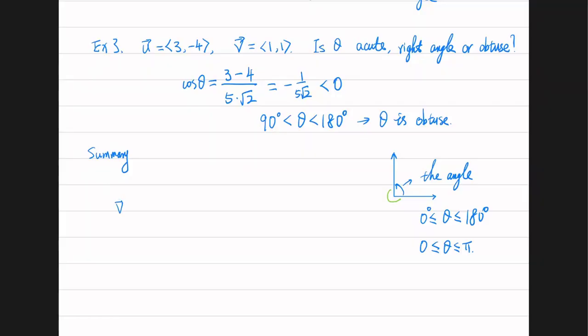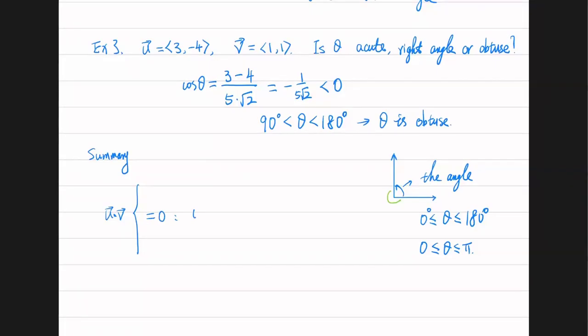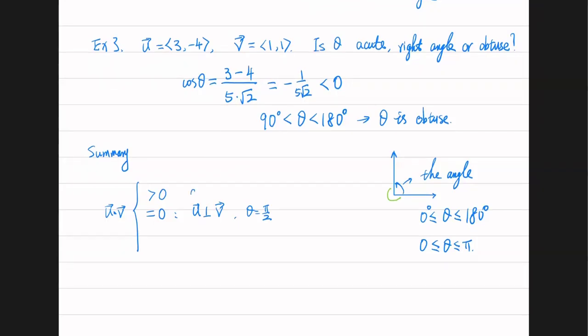U dot V, the dot product. If it's 0, we know that they are perpendicular. If it's positive, then we know they have an acute angle.